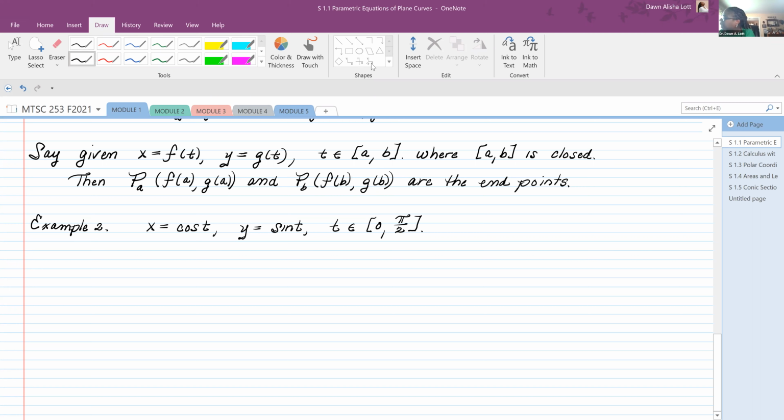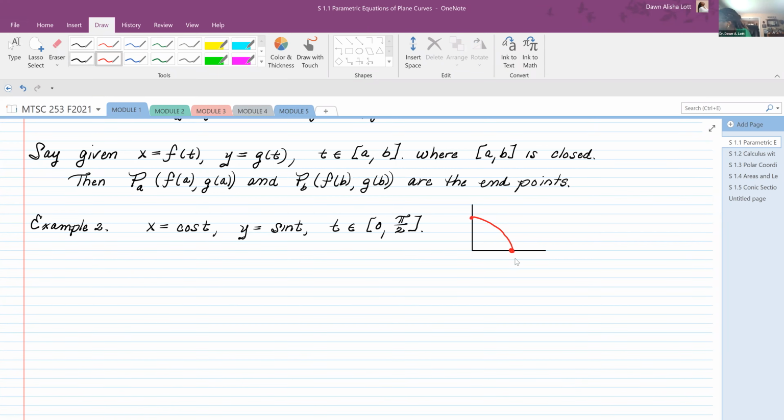Well, that curve, I'll show you why later, but for now, it looks like this. So that's the semicircle that goes like that.